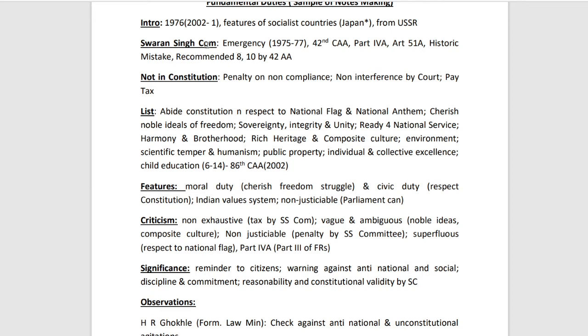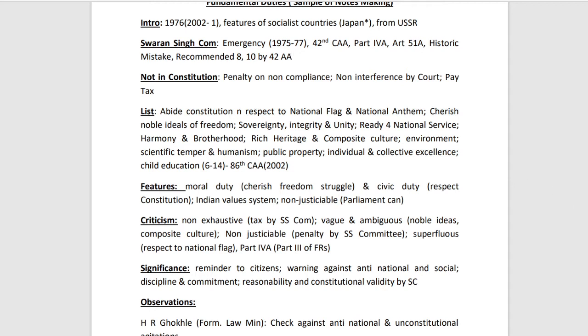Historical mistake also has to be written here, because it is important, because now in 1976 the makers are saying that the constitutional fathers have made a historical mistake. So it's important because they are putting a kind of question or apprehension against the constitutional fathers. Then recommended 8 but added 10 by the 42nd Constitutional Amendment Act.